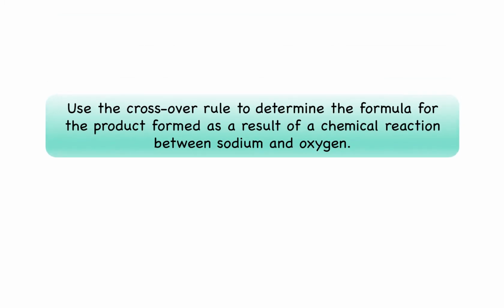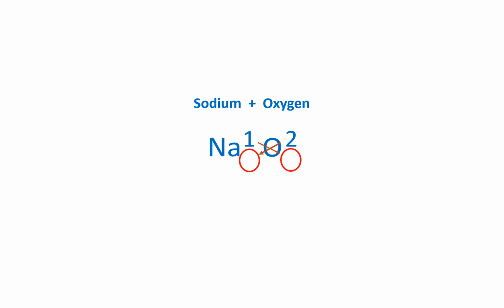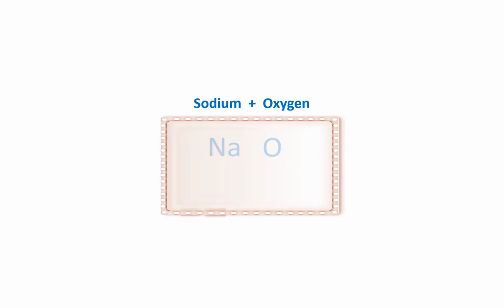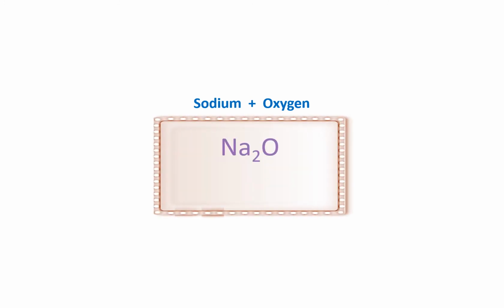Problem 2, Part A. Use the crossover rule to determine the formula for the product formed as a result of a chemical reaction between sodium and oxygen. Answer: the formula is Na2O.